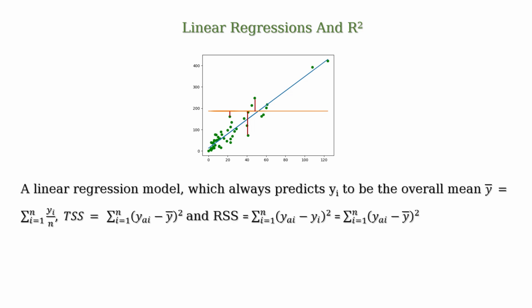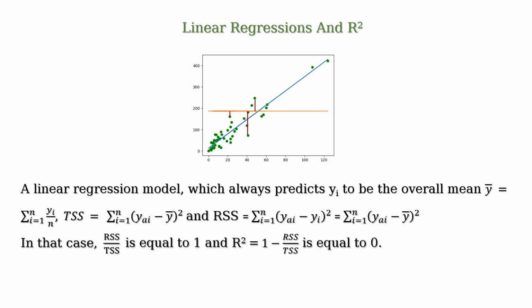For a linear regression model which always predicts yi to be the overall mean y bar, TSS is equal to summation from i is equal to 1 to n yai minus y bar whole square, and RSS is equal to summation from i is equal to 1 to n yai minus yi whole square, that is equal to summation from i is equal to 1 to n yai minus y bar whole square.